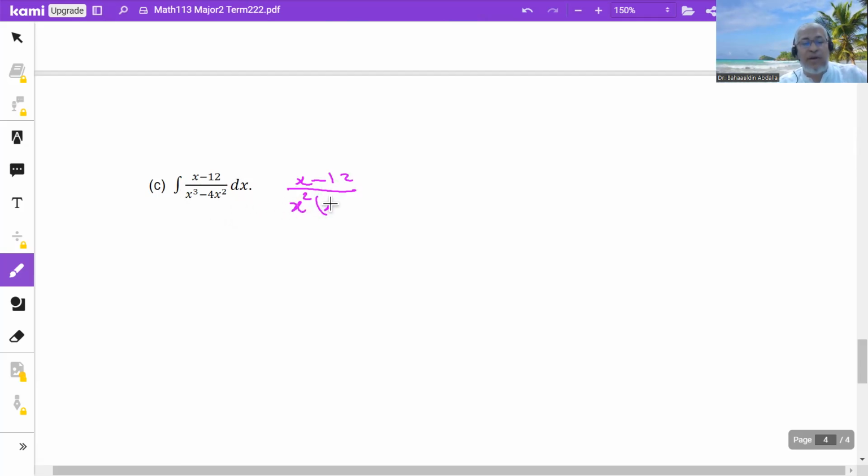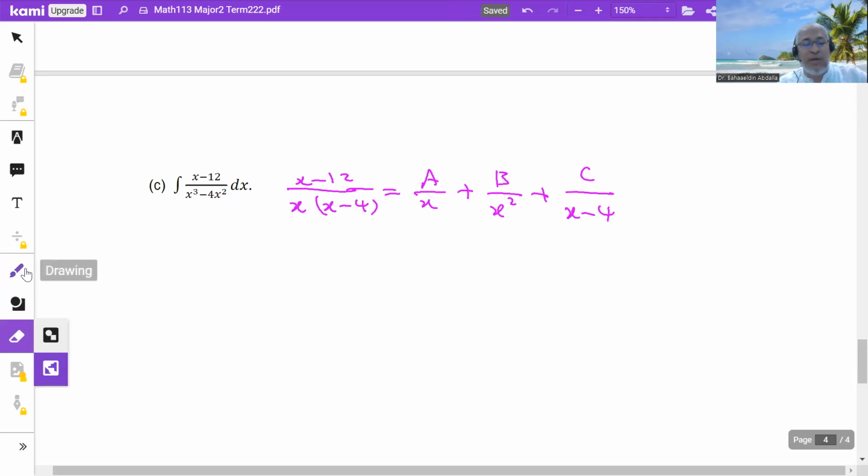So I'll have x minus 4. So I have a repeated linear factor here, so I can write A over x plus B over x squared, and then plus C over x minus 4, because x minus 4 is, again, a linear factor.